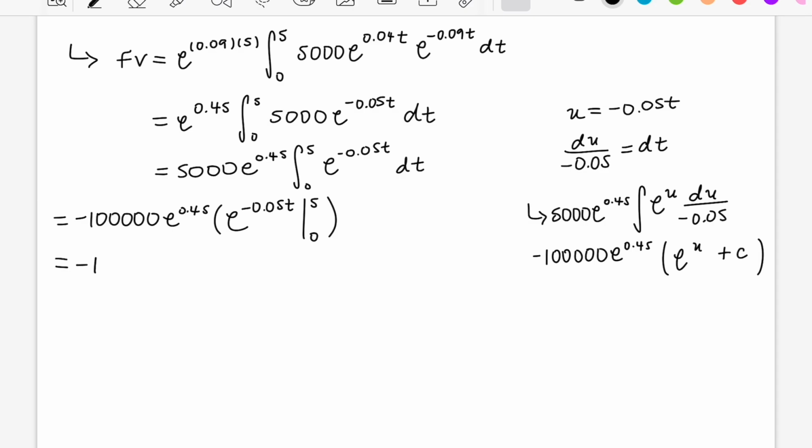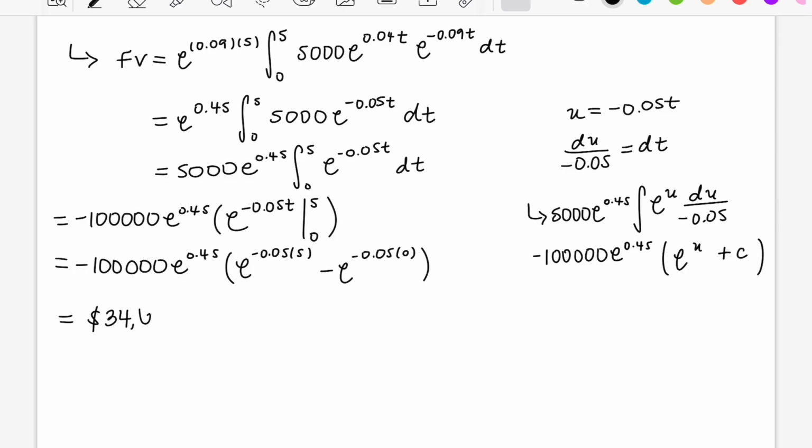Doing so, we'll get negative 100,000 e to the 0.45, we have e to the negative 0.05 times 5 minus e to the negative 0.05 times 0. Evaluating this is approximately $34,691.